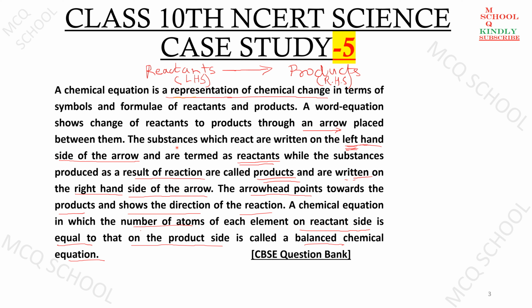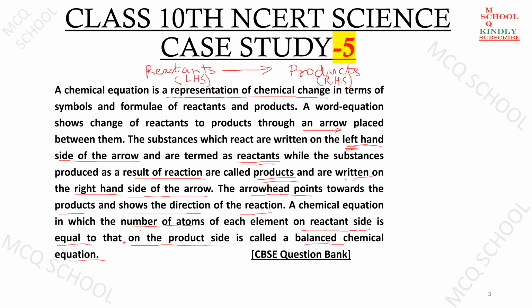The substances which react are written on the left hand side of the arrow like this and termed as reactants, while the substances produced as a result of the reaction are called products and are written on the right hand side of the equation like this. The arrowhead points toward the product and shows the direction of the reaction.